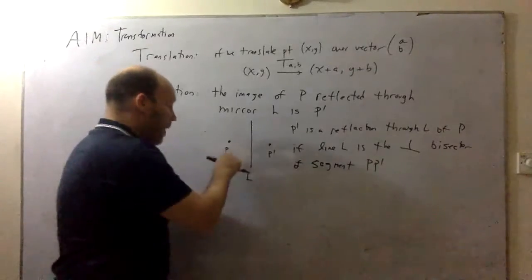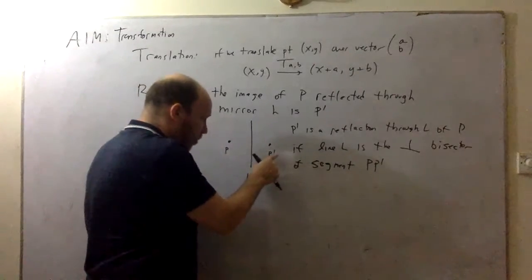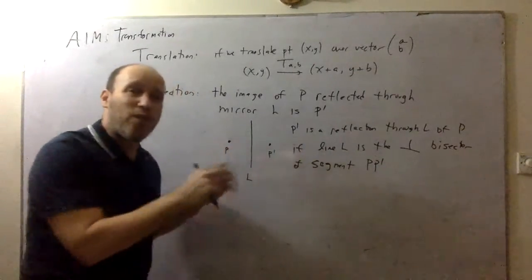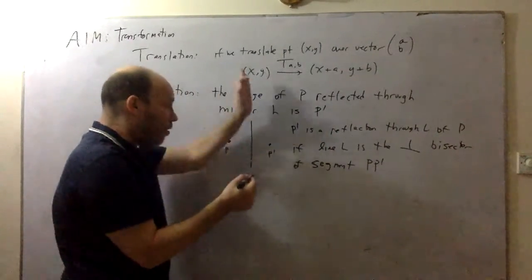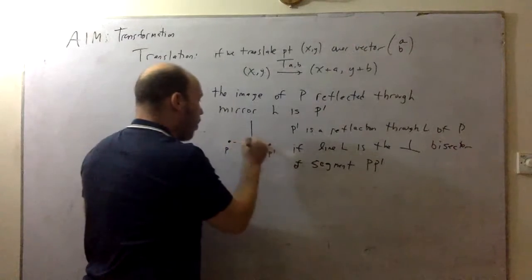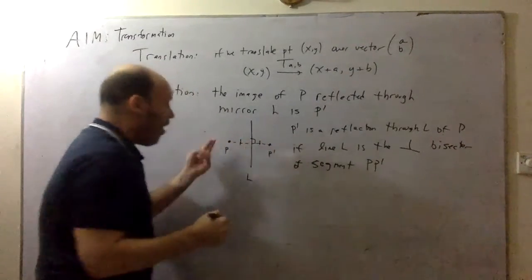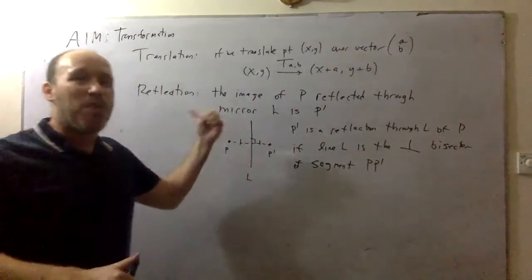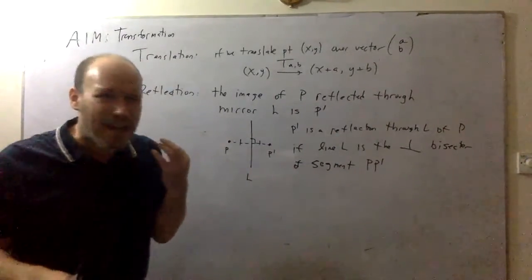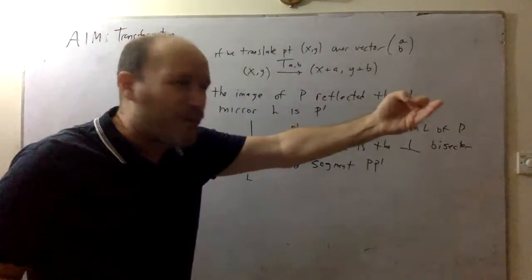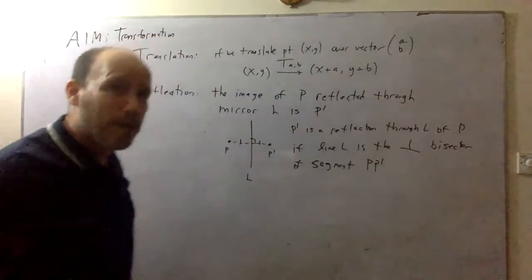Once again, P prime has been reflected through a line if the line or the mirror is the perpendicular bisector of the segment connecting the pre-image and the image. That's the idea. I was confused. I'm looking at myself in the mirror, what does that mean? It's my mirror image.